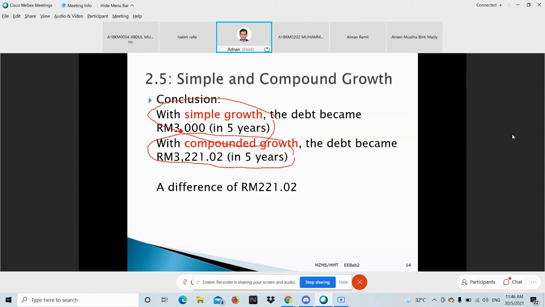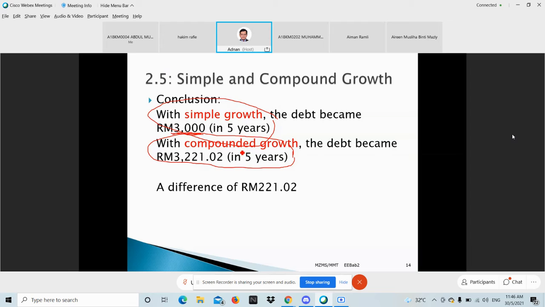Okay, tetapi dia sepatutnya tidak menyeksa ataupun memberi bebanan yang berat, berlebihan yang tak sepatutnya kepada peminjam lah. Okay, service. Kalau kita dengar tu ada service charge. Okay, you pinjam ayat ni, dia beri charge yuran perkhidmatan contohnya. So that's one way to look in this aspect rather than putting the interest rate.